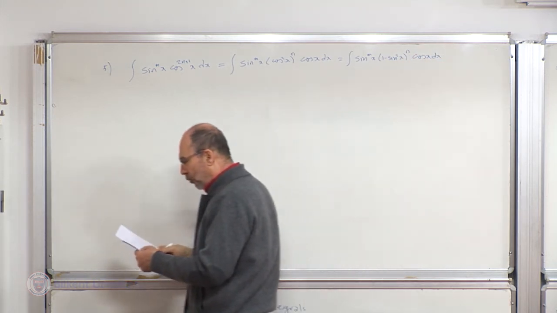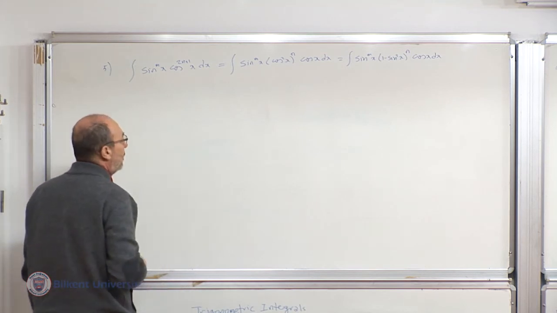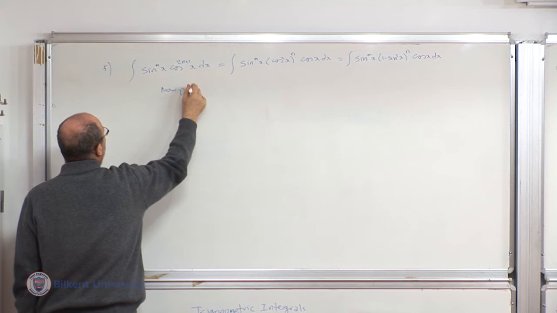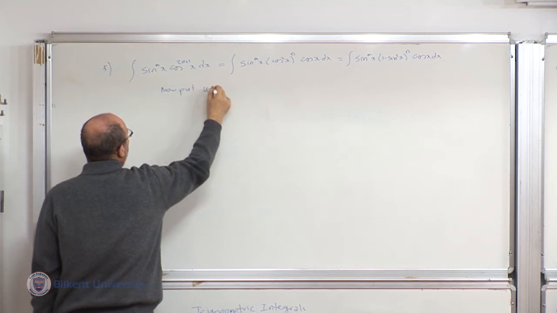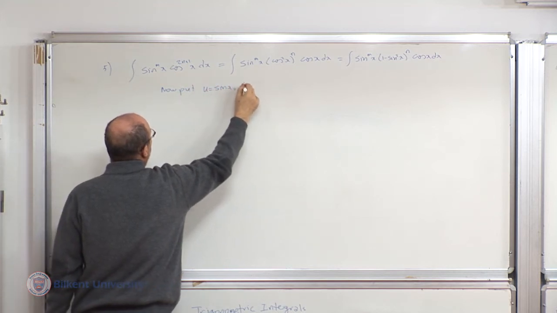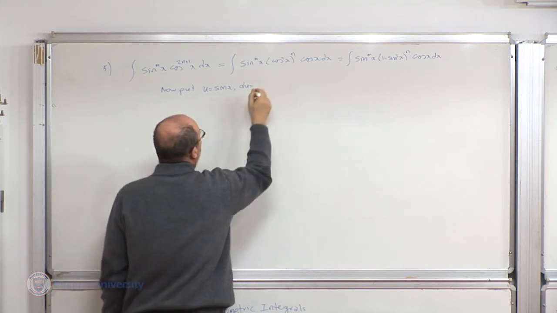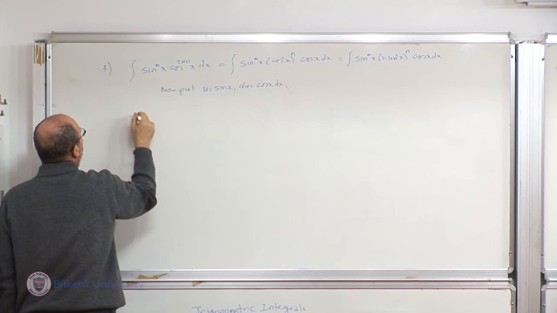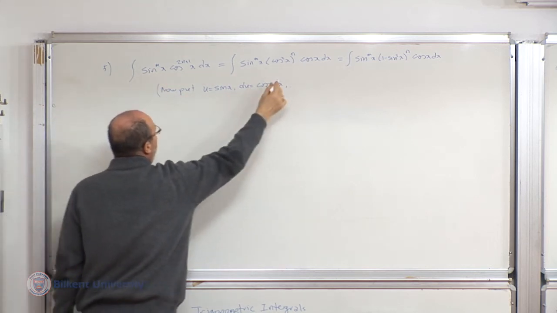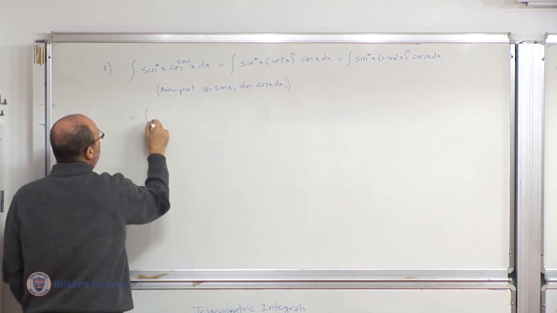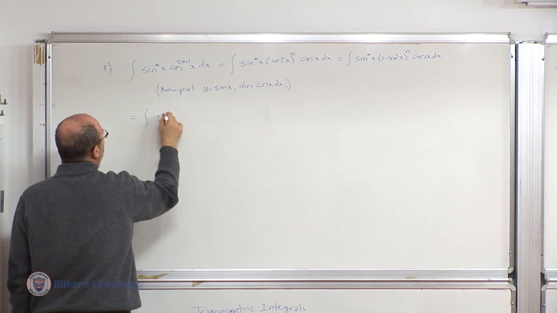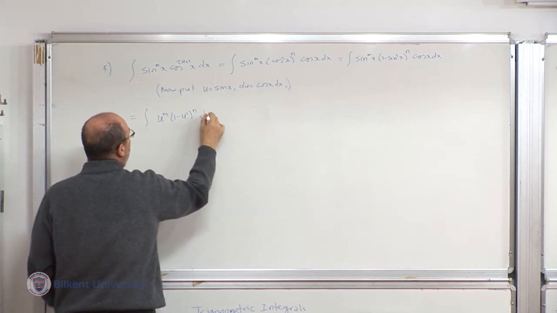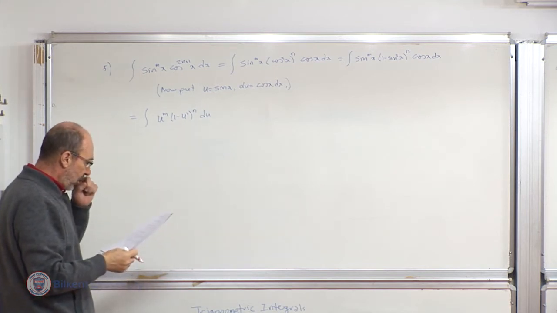Now put u equals sine x, then du equals cosine x dx. So the integral becomes integral u^m (1 minus u square)^n du.